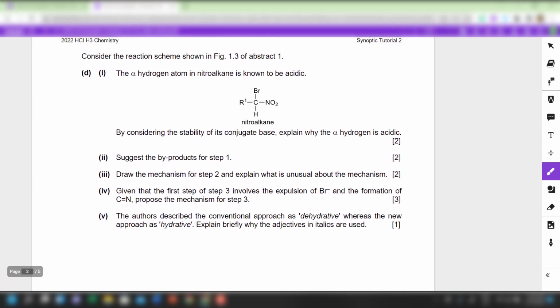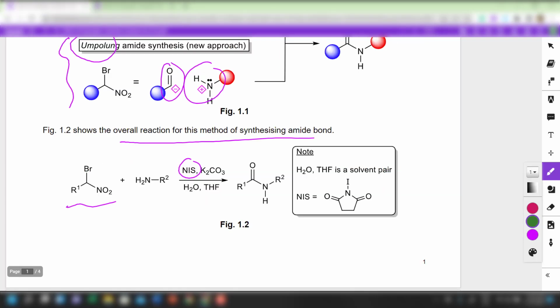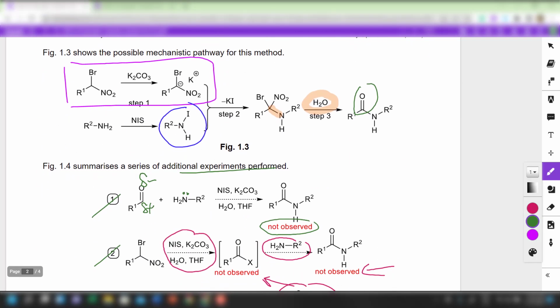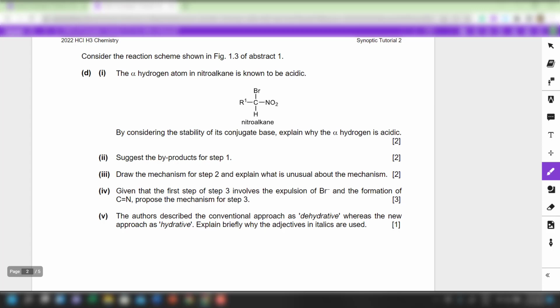Next, we look at part D. There are several subparts which follow. Consider the reaction scheme shown in figure 1.3 of abstract 1. We are looking at figure 1.3 over here. And then we are being asked: the alpha hydrogen in nitroalkane is known to be acidic. By considering the stability of the conjugate base, explain why the alpha hydrogen is acidic.